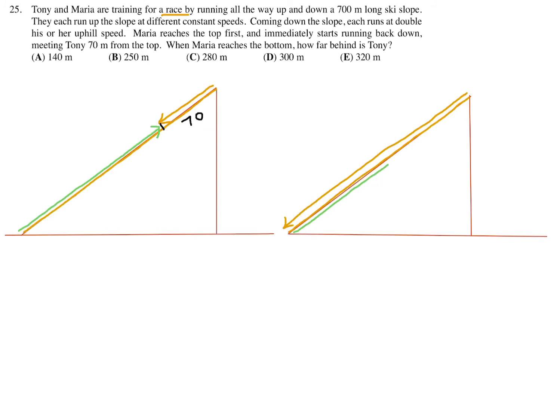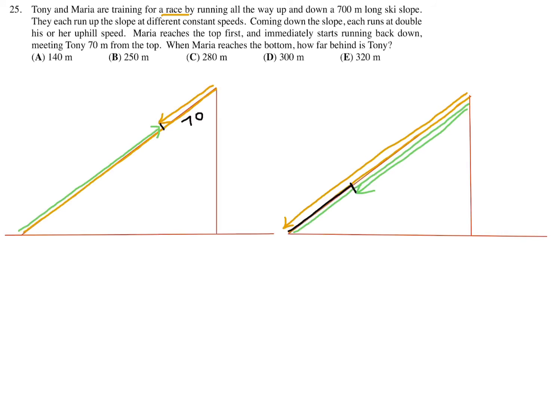He went all the way up, and he's coming back down, and he's going to be at a certain point when Maria reaches the bottom. So they are asking us, when Maria does reach the bottom, where is Tony? So if Tony is here, what is the distance from there to there? All right? So I hope that makes sense. If so, let's proceed with the mathematics of this.